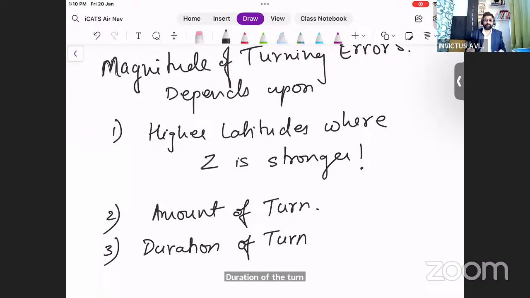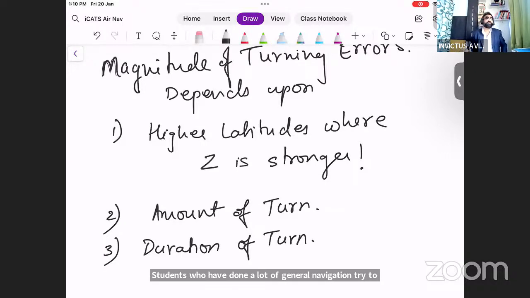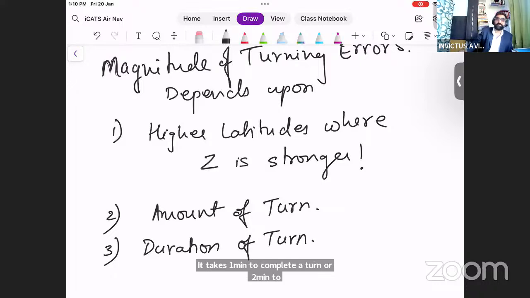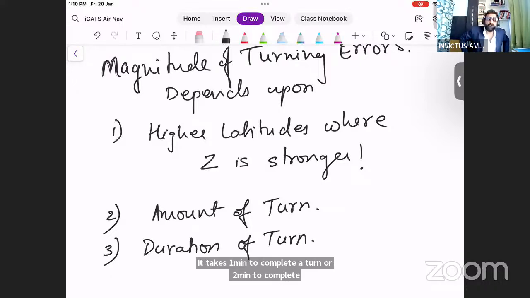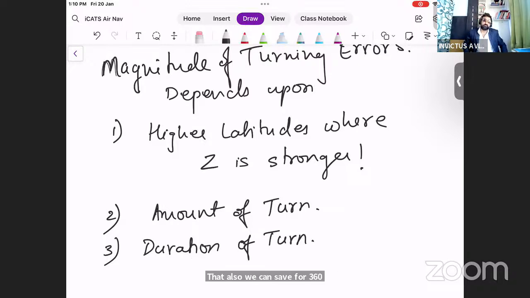Students who have done a lot of general navigation, try to recollect if you have come through situations where we call rate 1 turn or rate 2 turn. It takes 1 minute to complete a turn or 2 minutes to complete a turn. Generally, 2 minutes is an ideal time to complete one turn. That also we can say for 360 degrees. So duration of a turn will also impact your turning error.